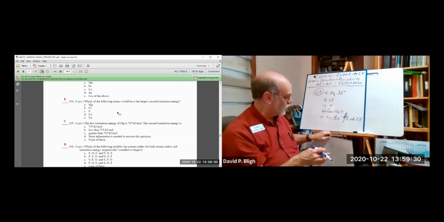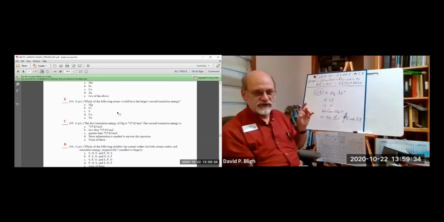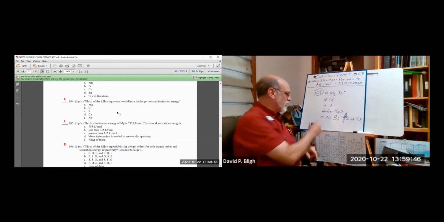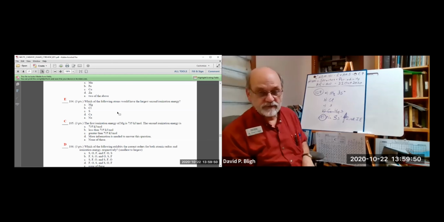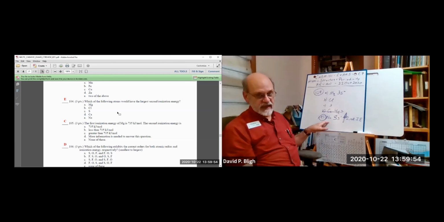You're not getting into the core yet. The question here is which one puts the second ionization energy into the core? Neither sulfur nor chlorine do that. And once you get into the core, you're talking about upwards of 10 times as much energy required. That's why sodium is the answer to 104.